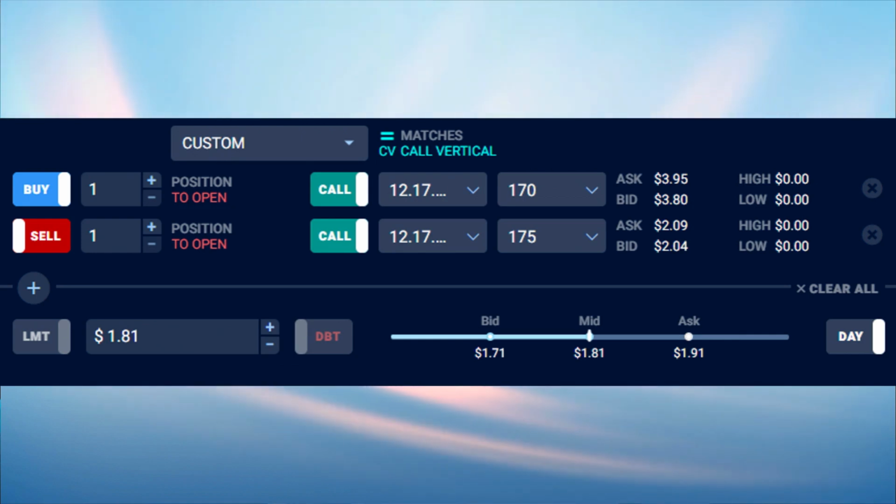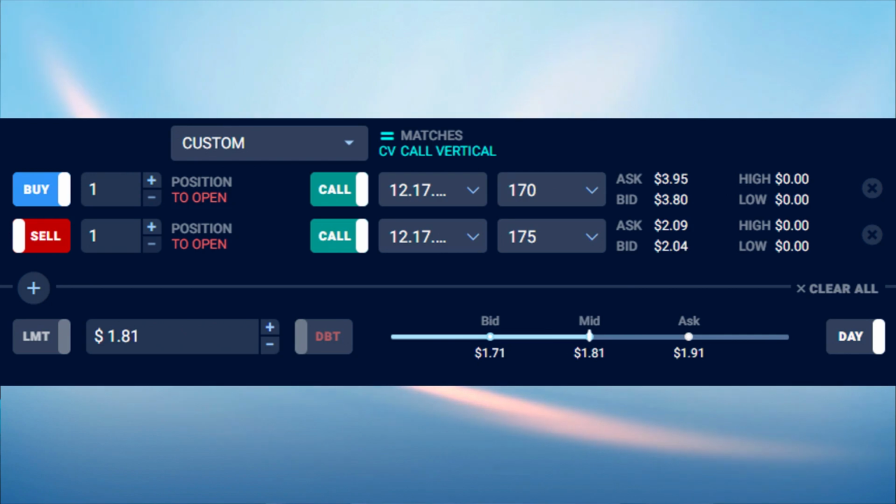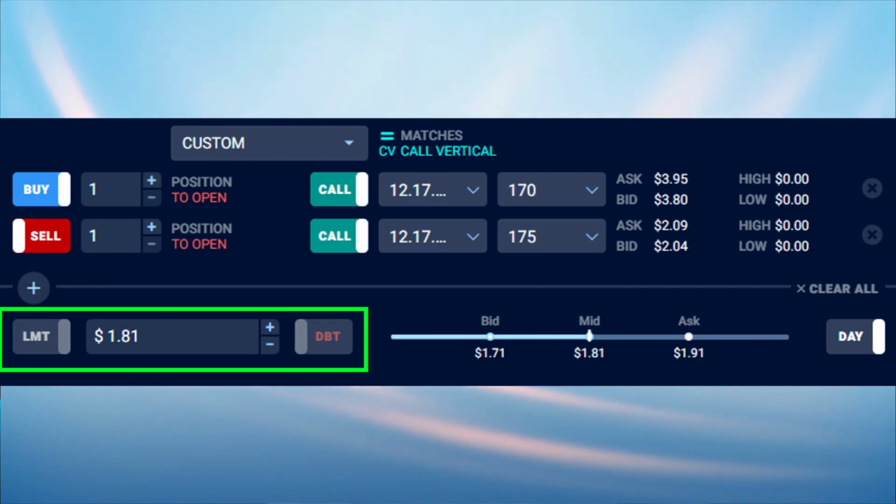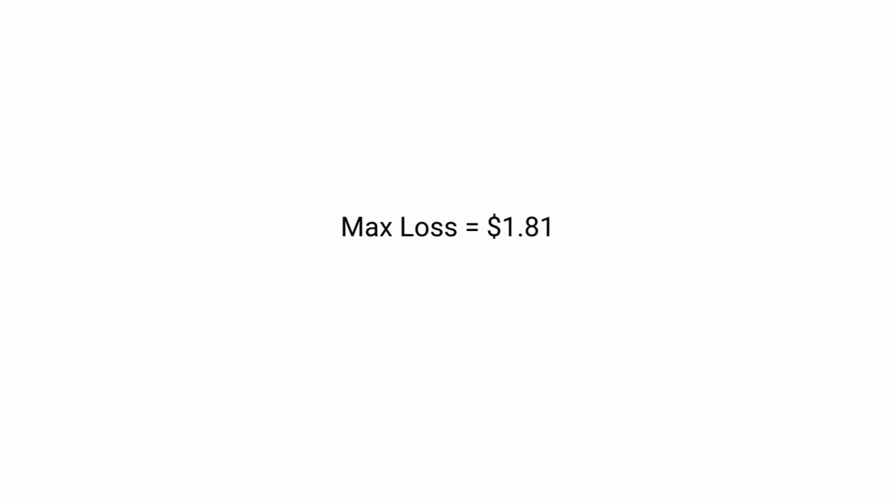This example is a 41-day trade. Our entry in this trade is a debit of $1.81 per share. That means the most we could lose is $1.81 per share or $181 per contract. The difference between our strike prices is $5.